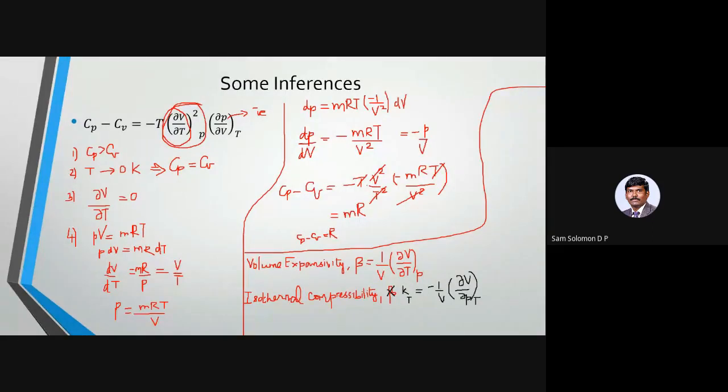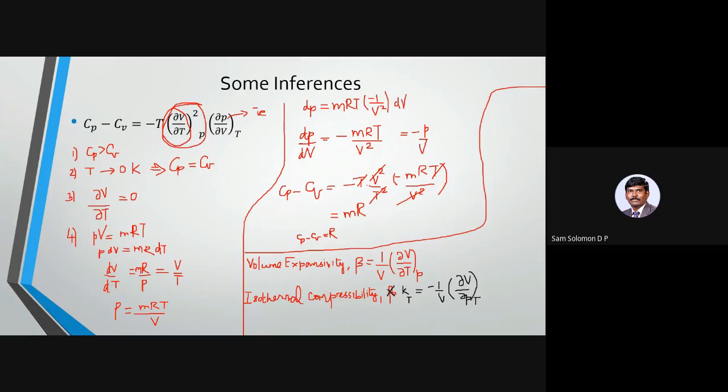Okay, if we come back to this particular equation, Cp minus Cv equal to minus T partial V by partial T at constant P the whole squared, times partial P by partial V at constant T. So we have these two equations. If you look at this volume expansivity, I have a term partial V by partial T at constant P raised to the power 2.